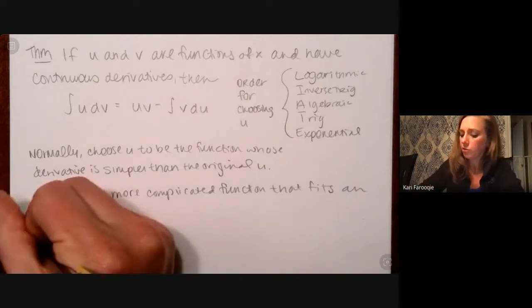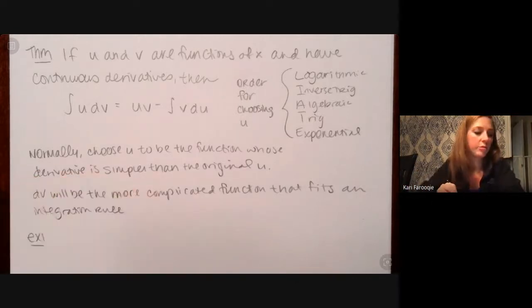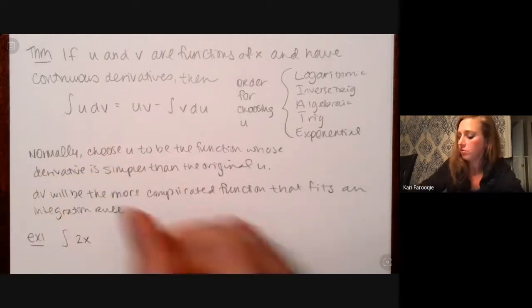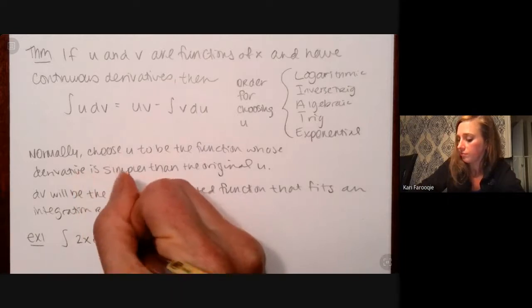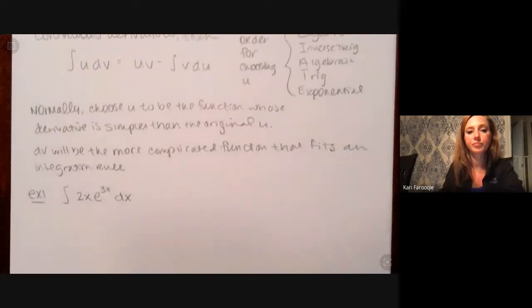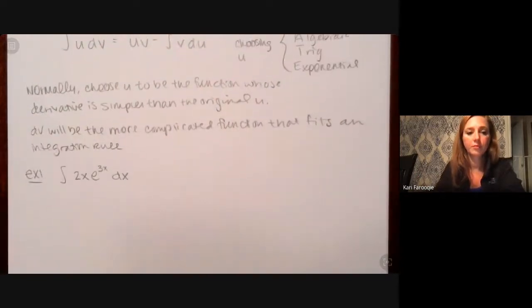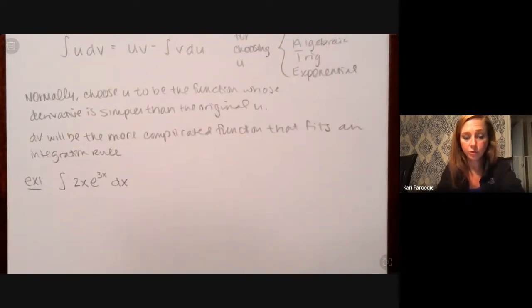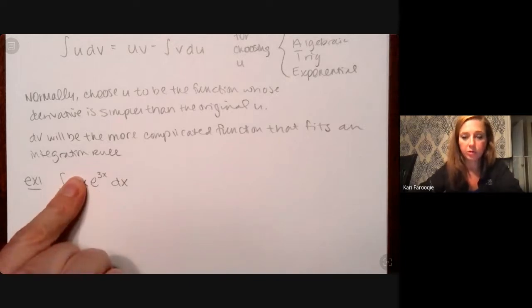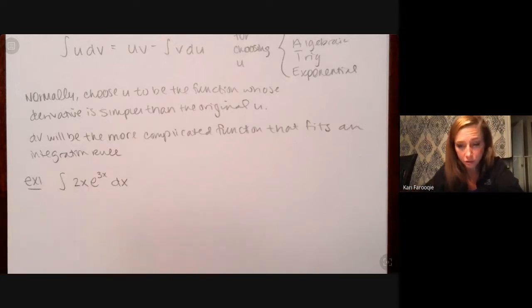I will show you how this works in example 1. We're going to find the integral of 2x e to the 3x dx. This is not something you would have known how to integrate before hitting this section. You knew something about how to integrate e to the 3x. When you took Calc 1, you probably used a u substitution for that.